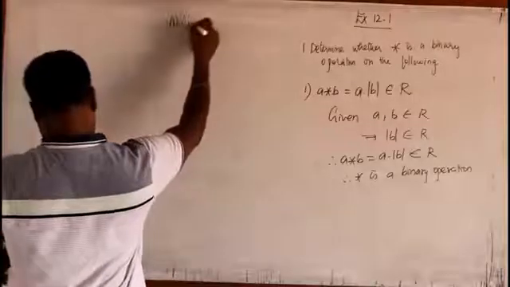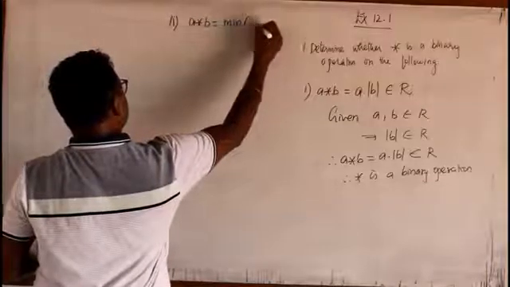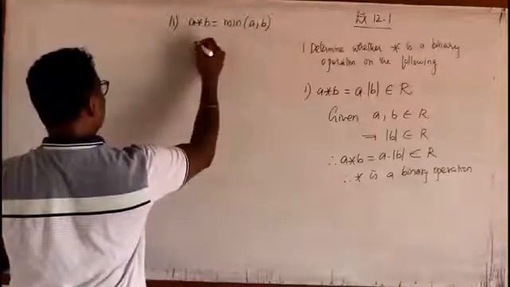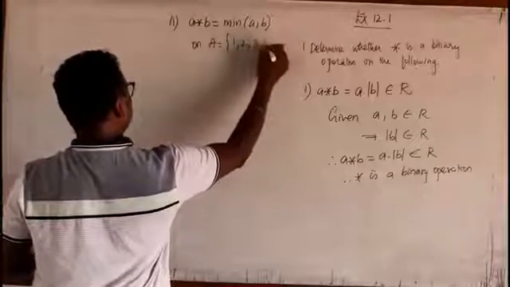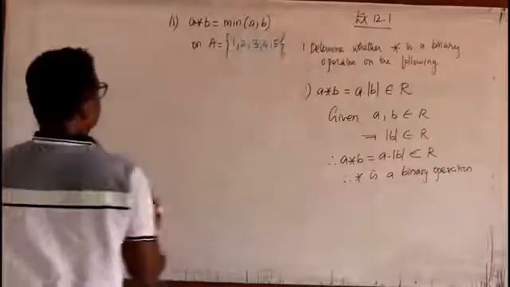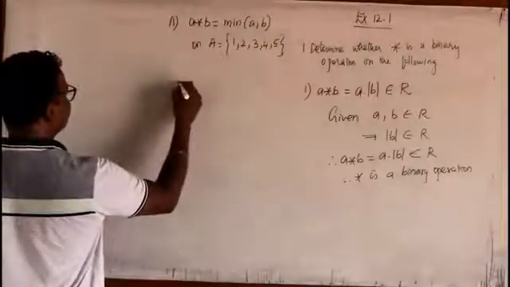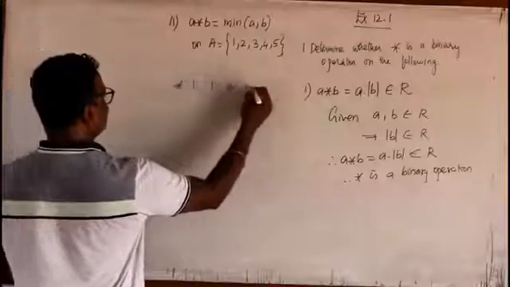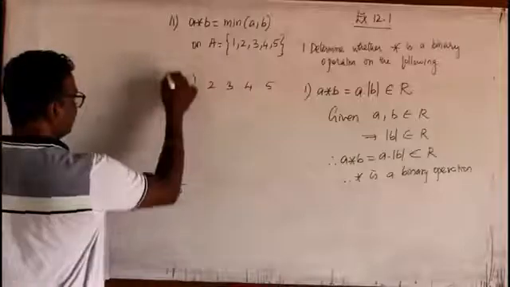Second one, A star B equal to minimum of A comma B, but here they gave a set. What is that set? 1, 2, 3, 4, 5. So we shall say like this. I must take only the minimum. Suppose I take star here, 1, 2, 3, 4, 5 as a table.